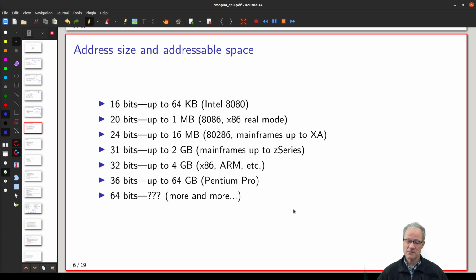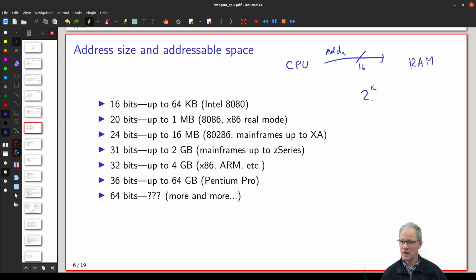The addressable space. In the picture before, we had the CPU that sends an address to the memory, RAM. Usually when it sends the address, we need to know how many bits we are going to send. It could be a 16-bit address. If it's a 16-bit address, how much memory can we access?